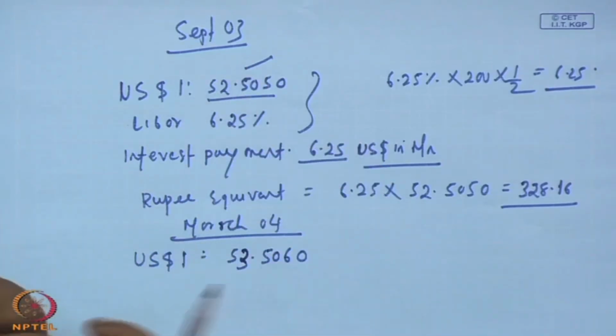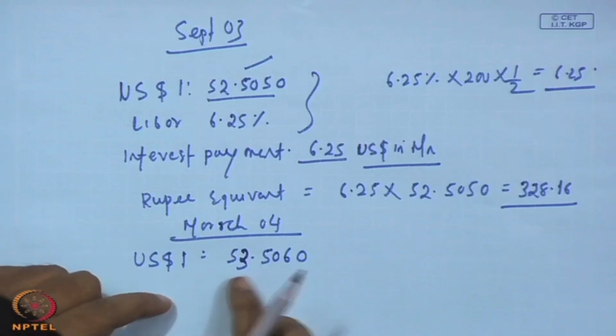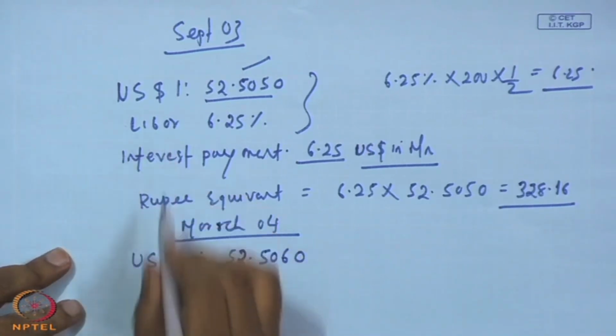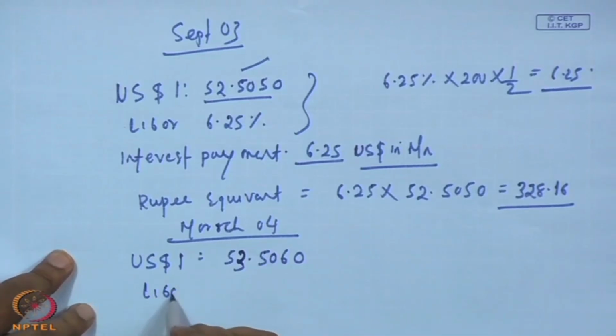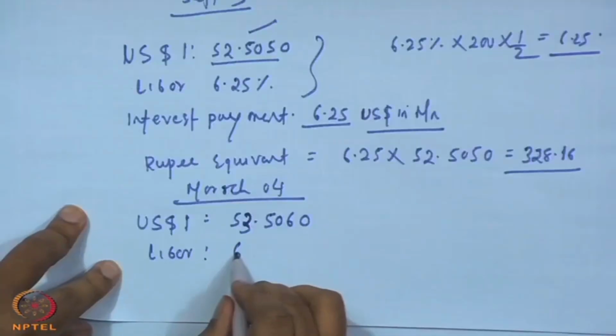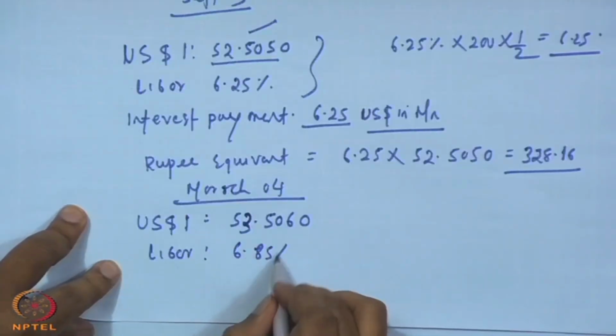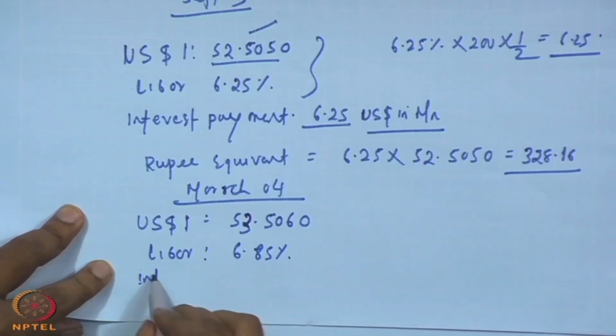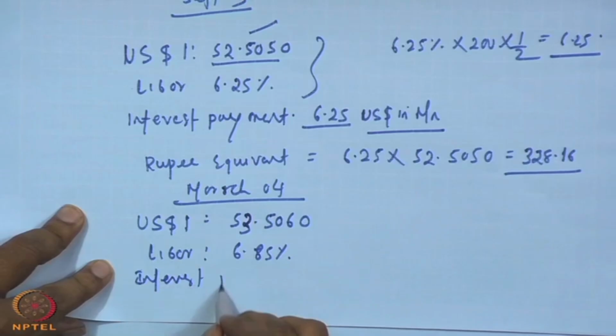Now the rupee has depreciated to 53.5060. What will be the interest payment? At the same time LIBOR may not remain constant at 6.25, LIBOR itself is fluctuating. So LIBOR becomes 6.85 percentage. Then the interest payment in US dollar will be 6.85 million, but what is the rupee equivalent?